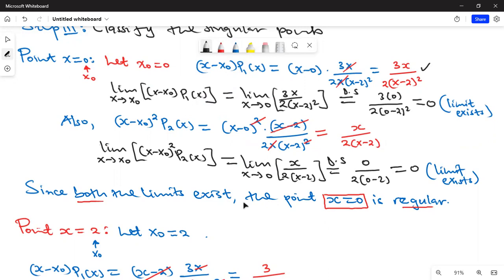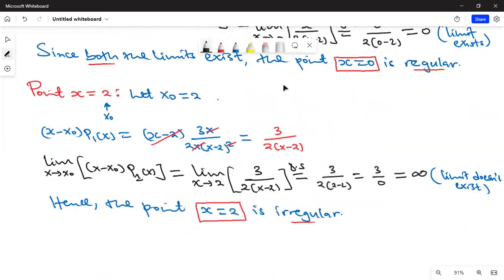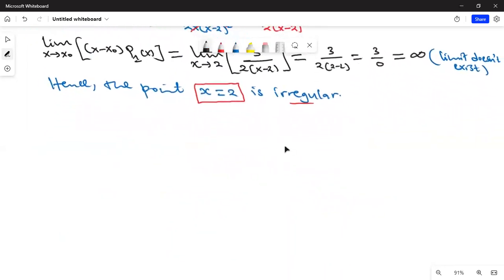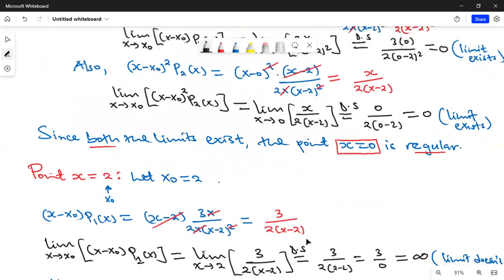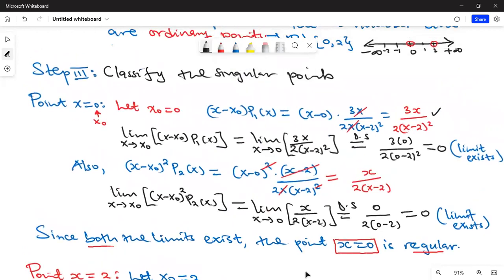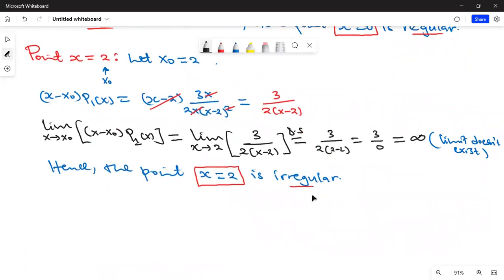The limit must exist as x approaches x naught. So that is the distinction between a regular singular point and an irregular singular point. And you should also be able to know the difference between an ordinary point and a regular singular point. Very important.